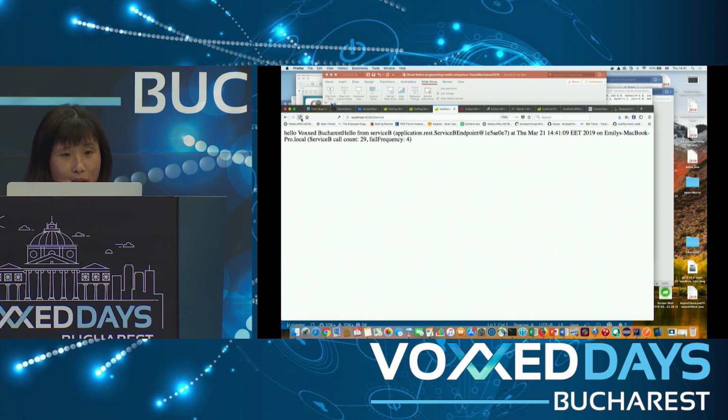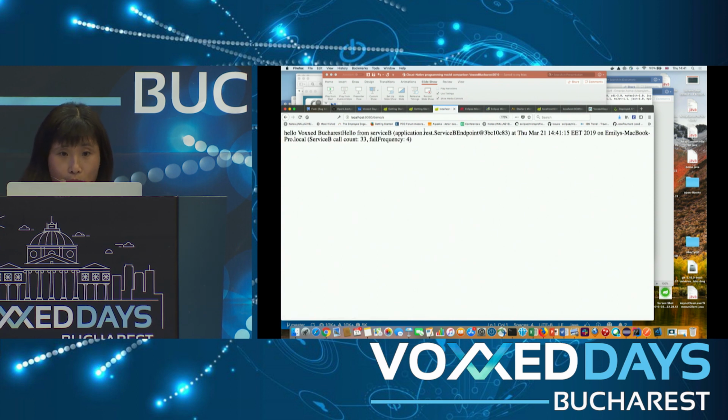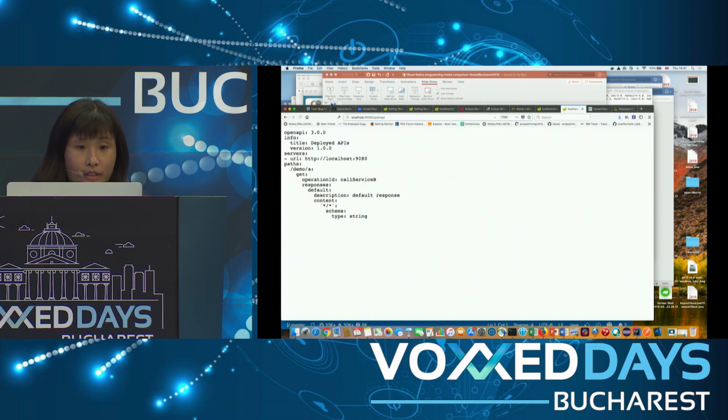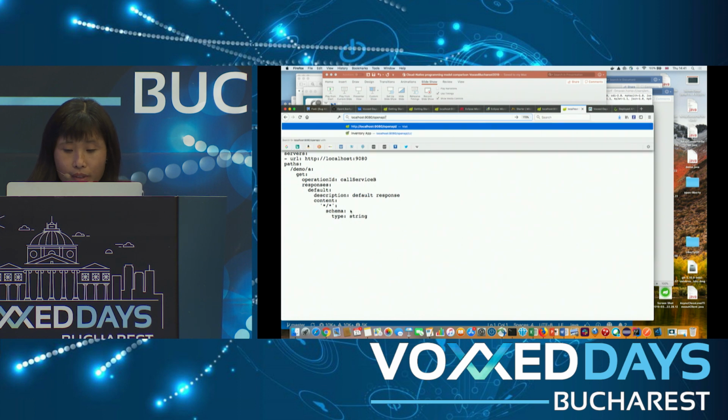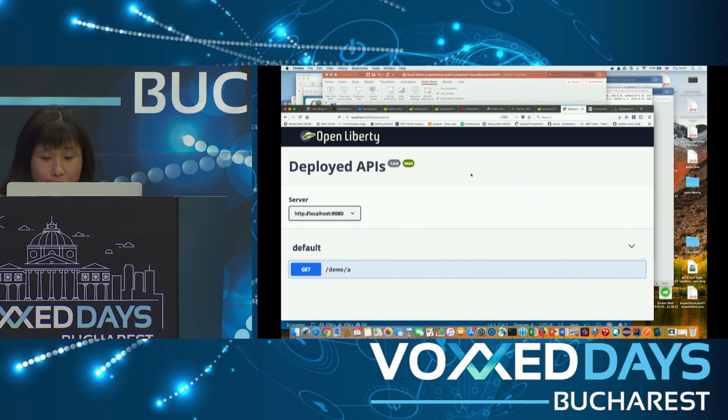I know sometimes it's not working on purpose. So I can call this one without any problem, and I can also see my own microservice's OpenAPI. I have a call to service B that returns a string, and this is my UI.